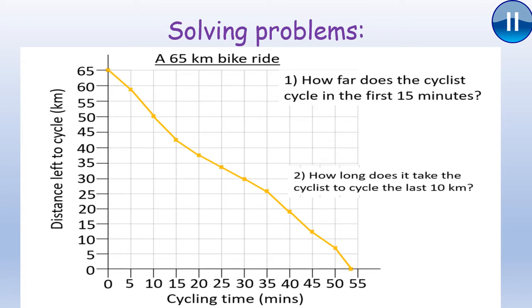At 5 minutes, there was just under 60 kilometres left to travel. At 10 minutes, there's 50 kilometres left to travel. Can you see? The distance left to cycle is the clue to solving this problem. The cycling time along the bottom goes up in 5-minute intervals.